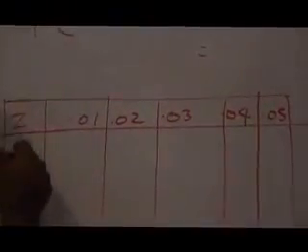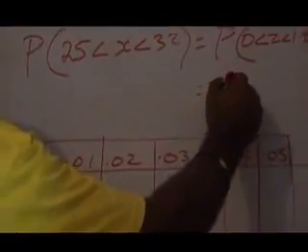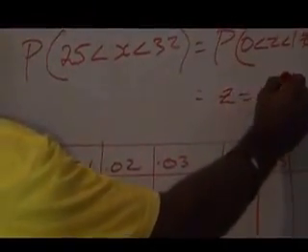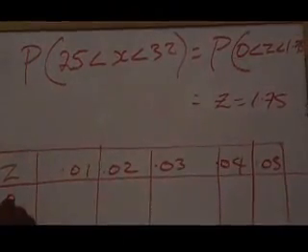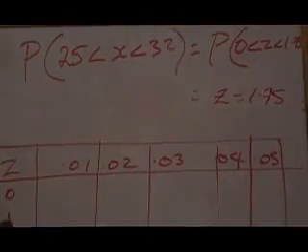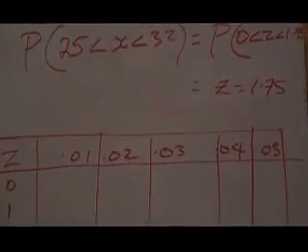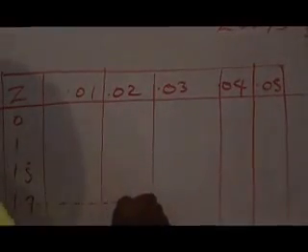Now for z equals 1.75, you will have z equals 0, 1, 1.5, 1.7. So for 1.75, you would match your z at 1.7 here, go right across.